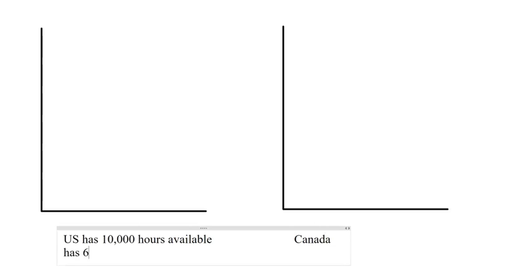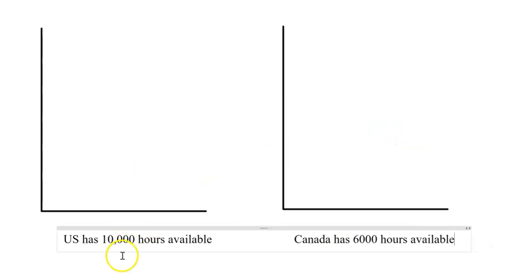The hours could be equal, the hours could be different, but let's say that the US has 10,000 hours available. And let's say Canada has 6,000 hours available. So we have US with 10,000 hours, Canada with 6,000 hours. Well, Canada has fewer people than US, so that's why Canada has fewer hours available.